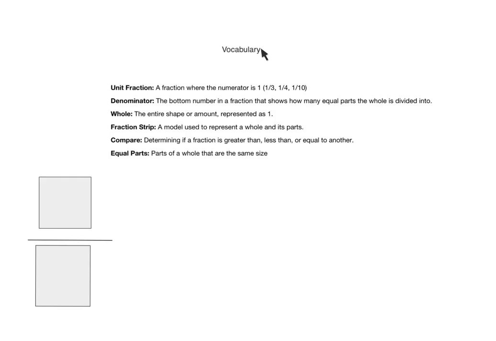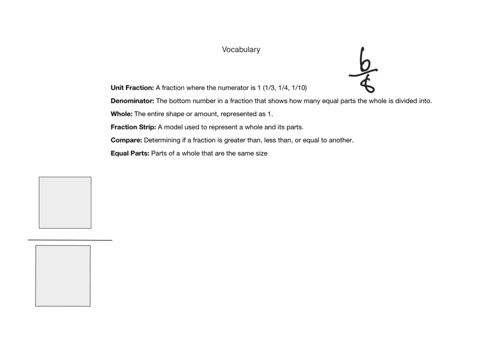Some vocabulary for this lesson is unit fraction: a fraction where the numerator is 1, like 1 over 3, 1 over 4, and 1 over 10. A fraction like 6 over 8 would not work because it has to have 1 as a numerator.